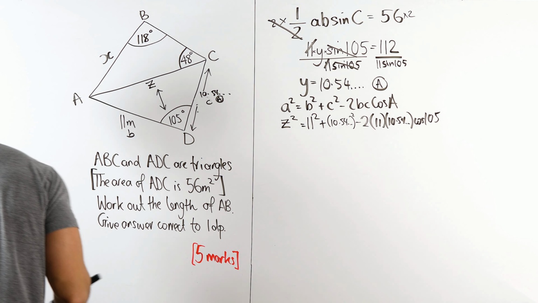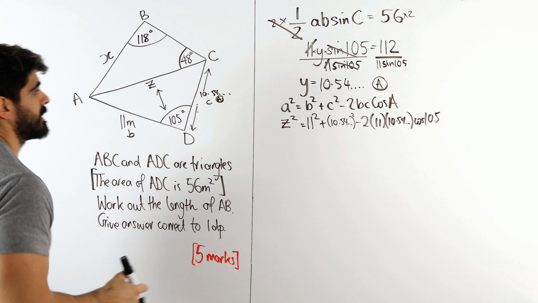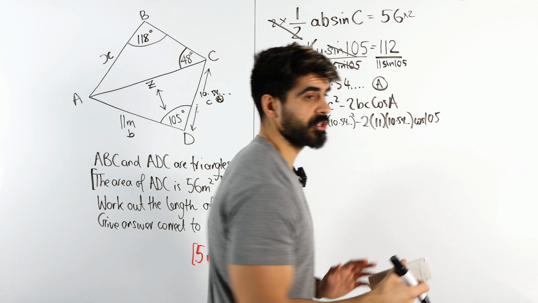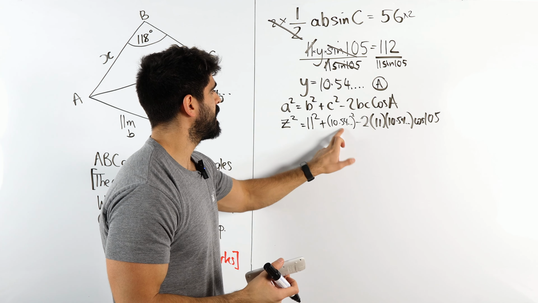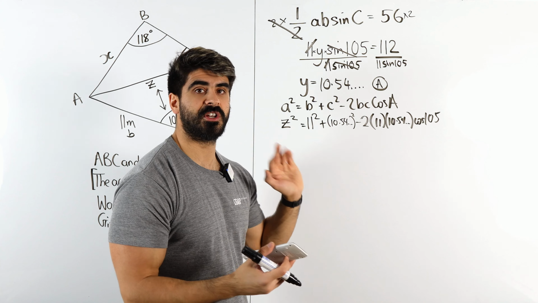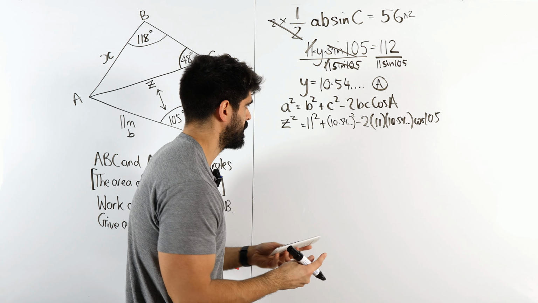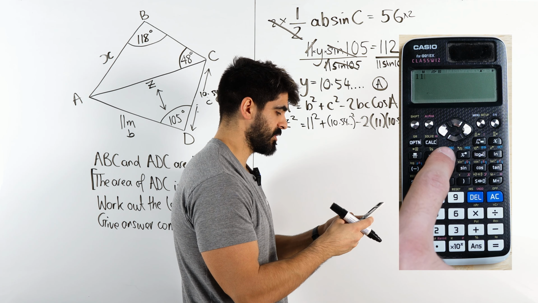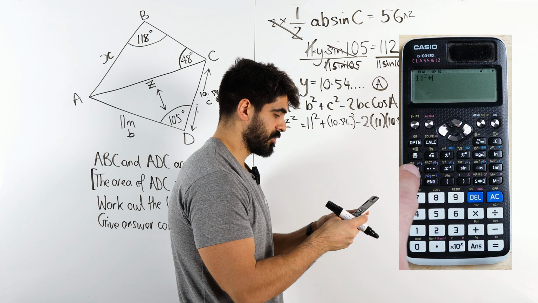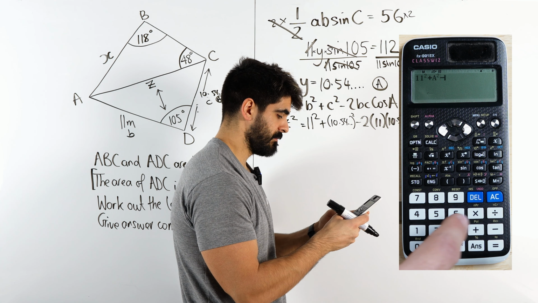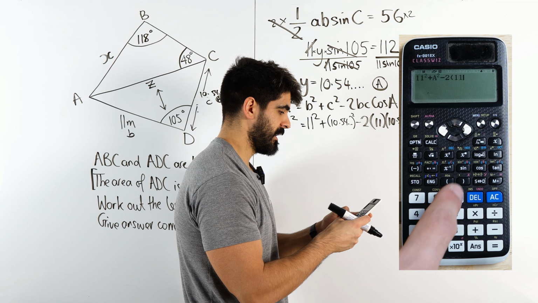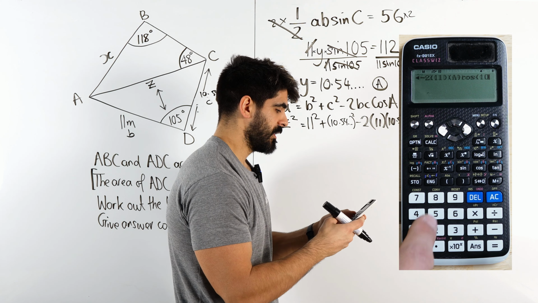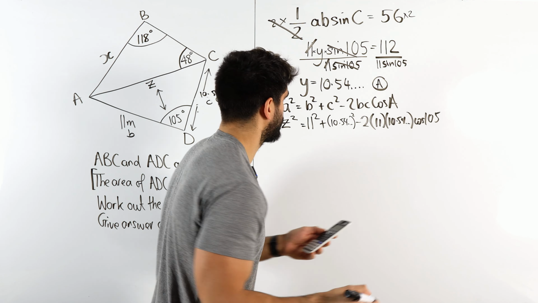Now the cool thing about this is, again, I'll have the calculator visual somewhere on the screen. Wherever I see this 10.54, I'm just going to use A. So 11 squared plus A squared minus 2 bracket 11 A cos 105. So I get 292.133.